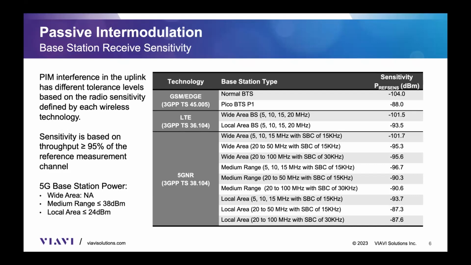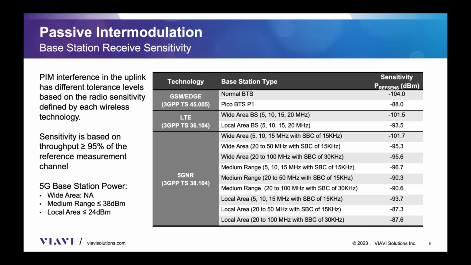Now, as you can see in each one of them, we might have different carrier bandwidths from 5 to 100 based upon the radio type. But as you can see here, there are different sensitivity levels, and that is basically the important level: if we have a PIM that is close to that sensitivity level, then it's going to be a problem.